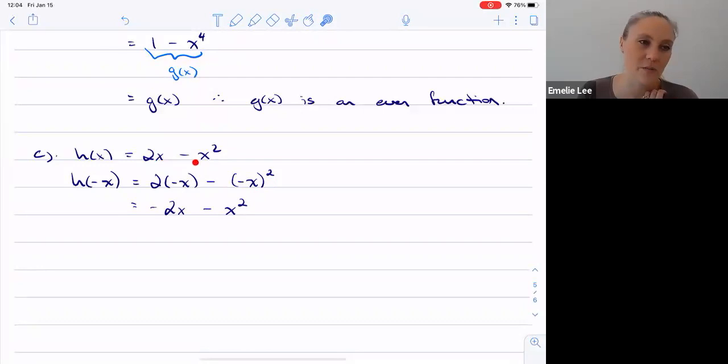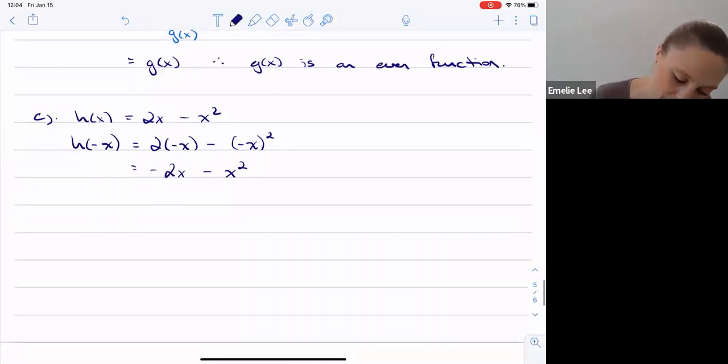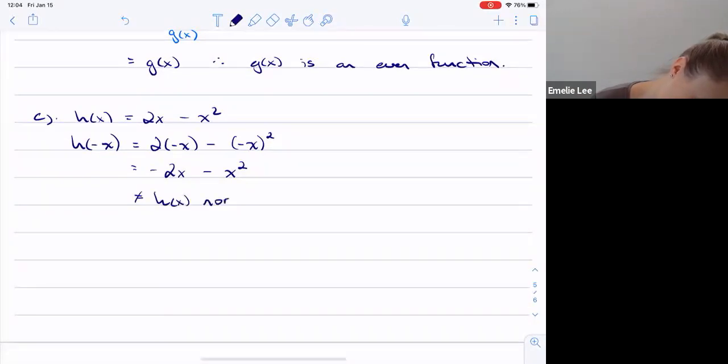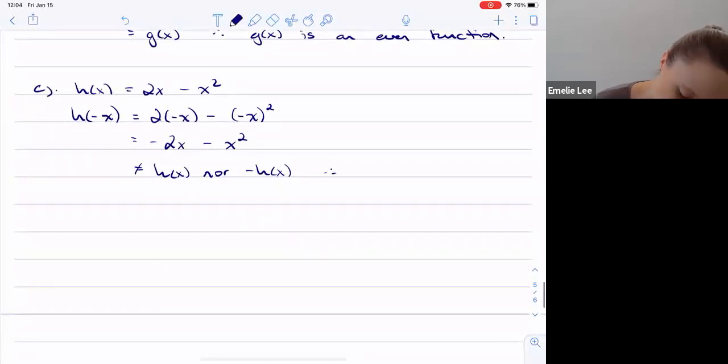Not negative 2x minus x squared, well, in brackets, right? Which is not equal to h of x nor negative h of x. Therefore, h of x is neither even nor odd.